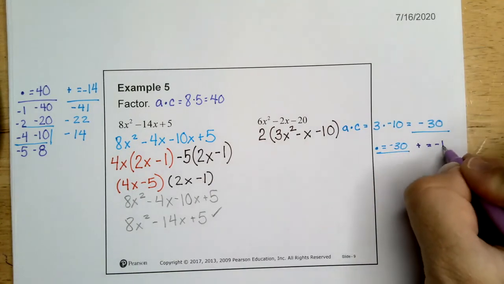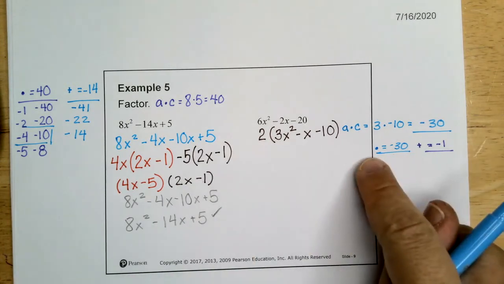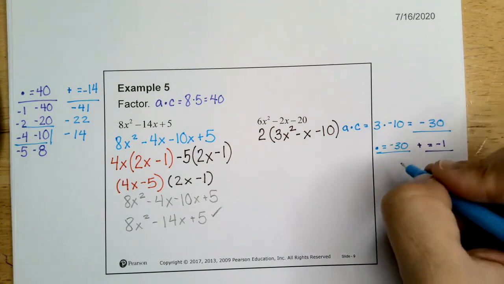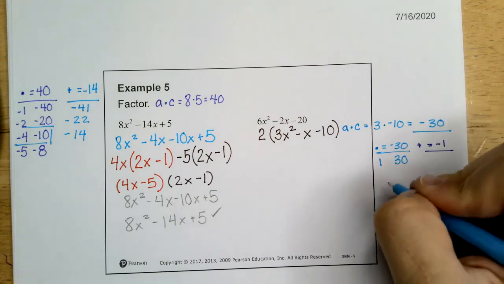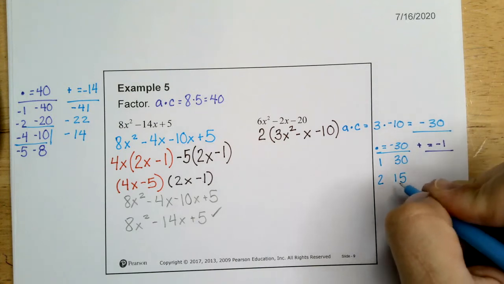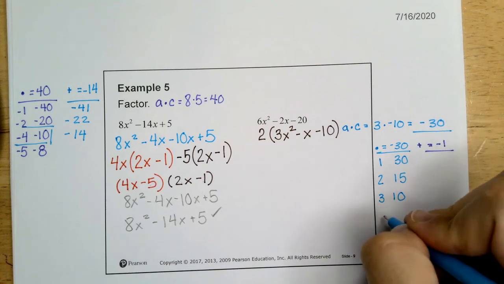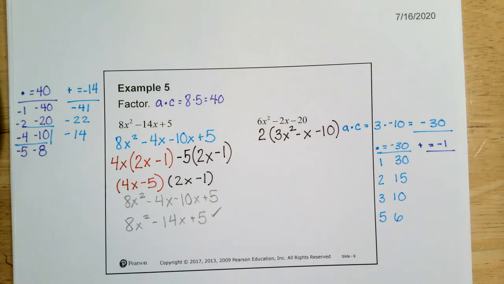Add to -1. Let's see what we get. If we want to multiply and for it to be negative, there needs to be one negative, one positive, right? So it could be 1 and 30. It could be 2 and 15. It could be 3 and 10. It could be 5 and 6. Those are my factors of 30.